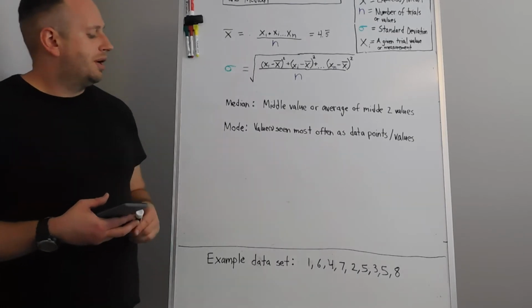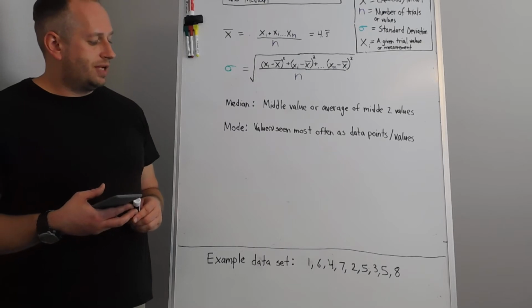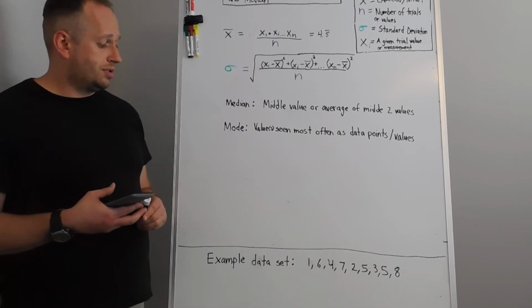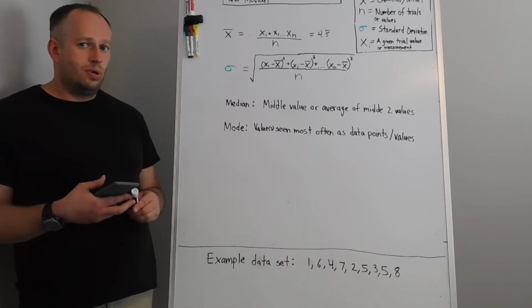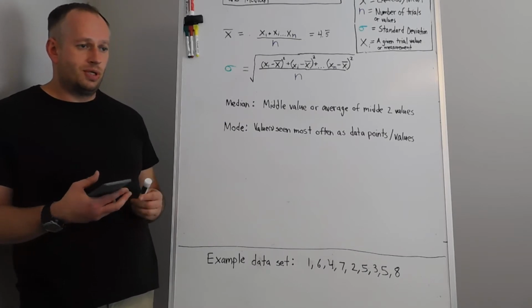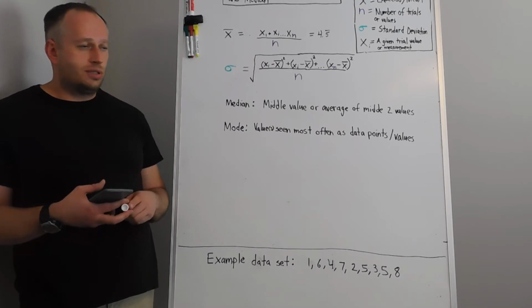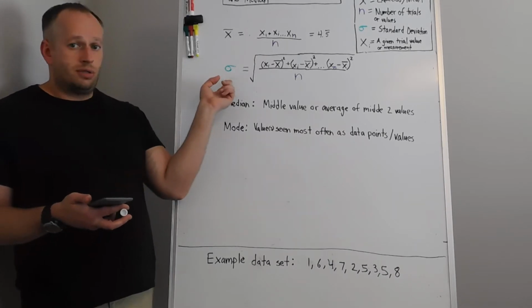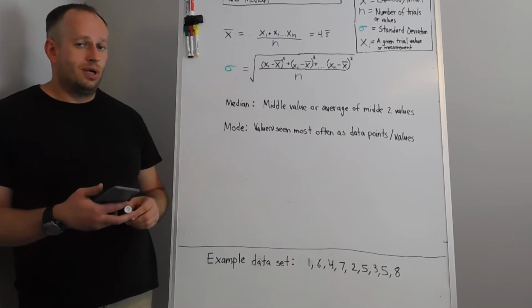But if you don't do that, and some values are a lot higher and maybe most of them are lower, how do you know how much you can expect a set to vary? Well, that's what the standard deviation does here.